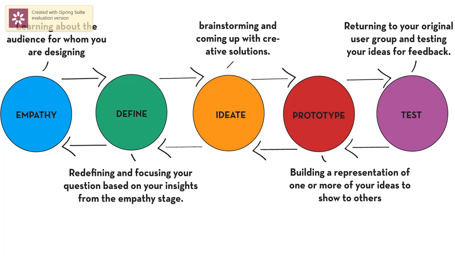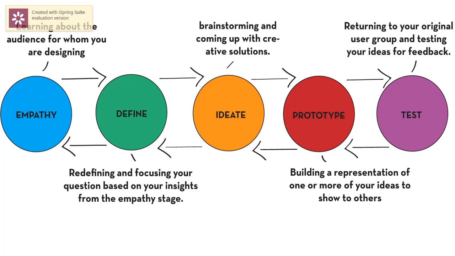During the empathy stage, you have to really meet up with the audience for whom you are going to design the instructional design or learning design materials, no matter whether it's face-to-face training programs or e-learning programs. Next, you redefine and focus your questions based on your insights from the empathy stage. This is done during the define stage.